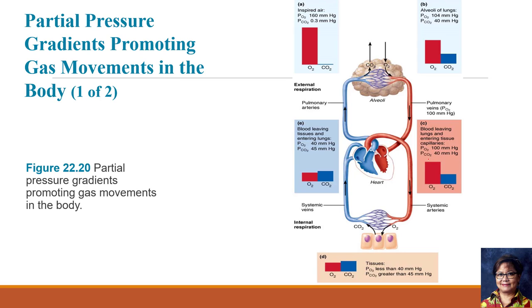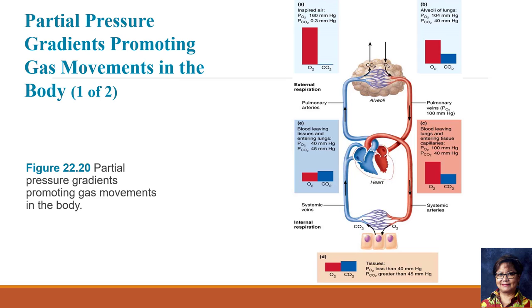In the tissues now, take a look at what's going to happen. Your oxygen is taken in, and therefore the oxygen level drops down to 40 millimeters of mercury. Imagine the difference from 100 millimeters now to 40. Your carbon dioxide is going to be increased because of the extra carbon dioxide released in the tissue.